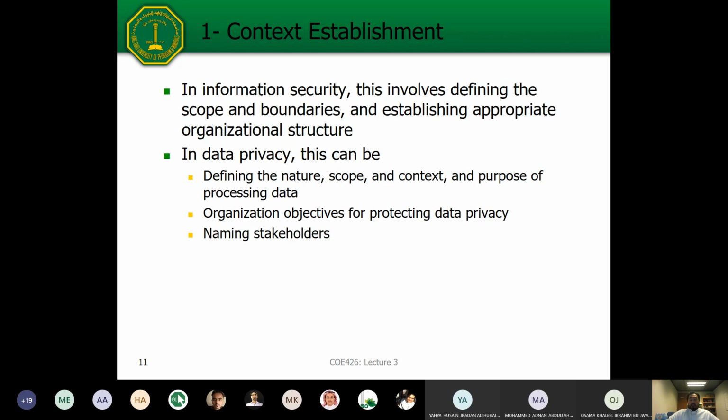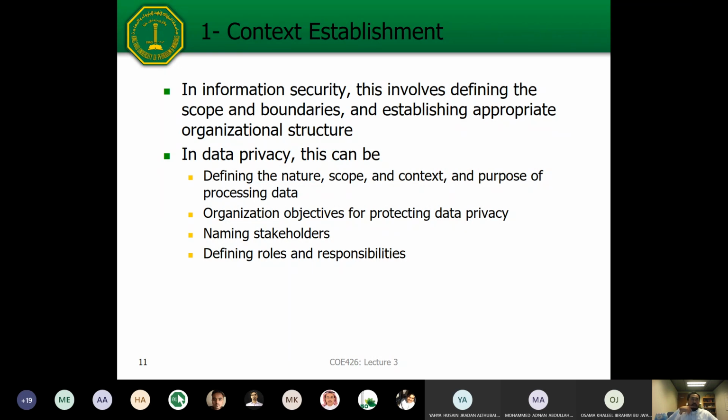Naming stakeholders: who are the data processors, the data subjects, the data controllers involved in this process. Roles and responsibilities: which department, or what organizational structure will take care of or oversee this process.